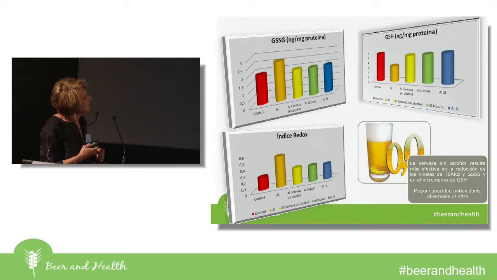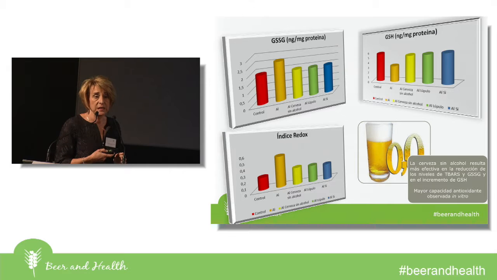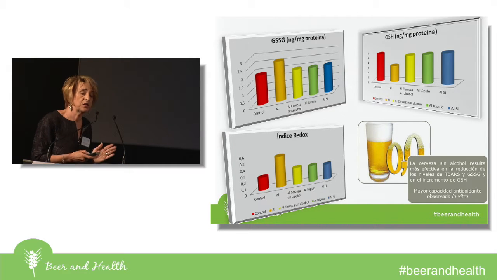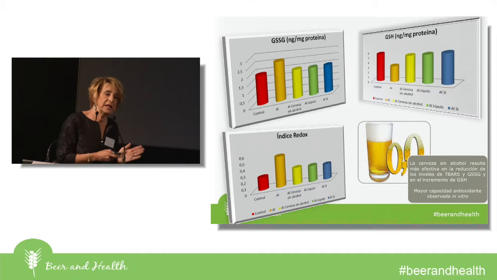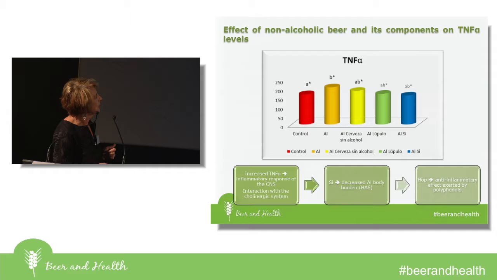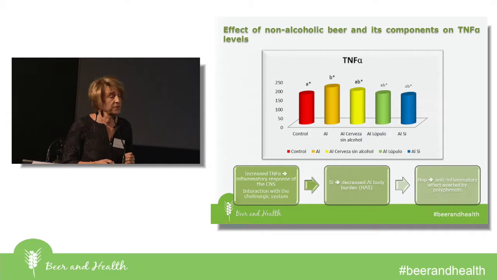Regarding glutathione, we can see that there was an increase in the redox index, and beer and its components can revert this effect. However, beer is the most effective in this sense, not its components. As we have seen also in the in vitro test, it's the beer that has the highest antioxidant capacity.